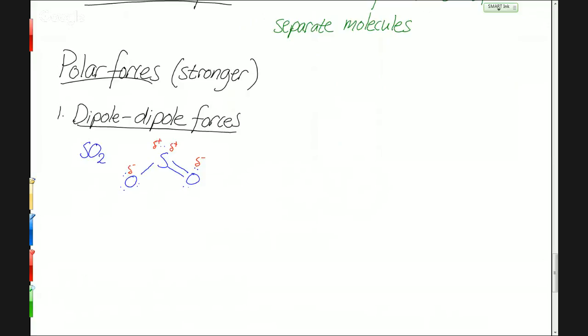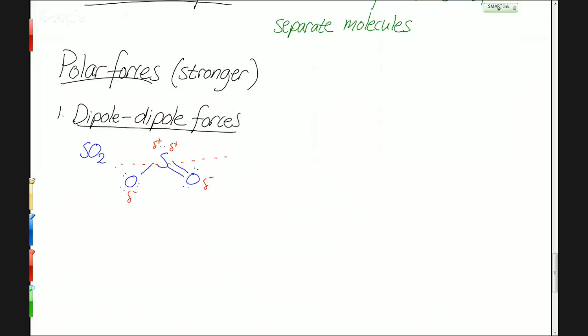And much like water, that means that we can separate this molecule into two poles, a positive side and a negative side. So when sulfur dioxide molecules get with each other, they can orient themselves in this particular way.